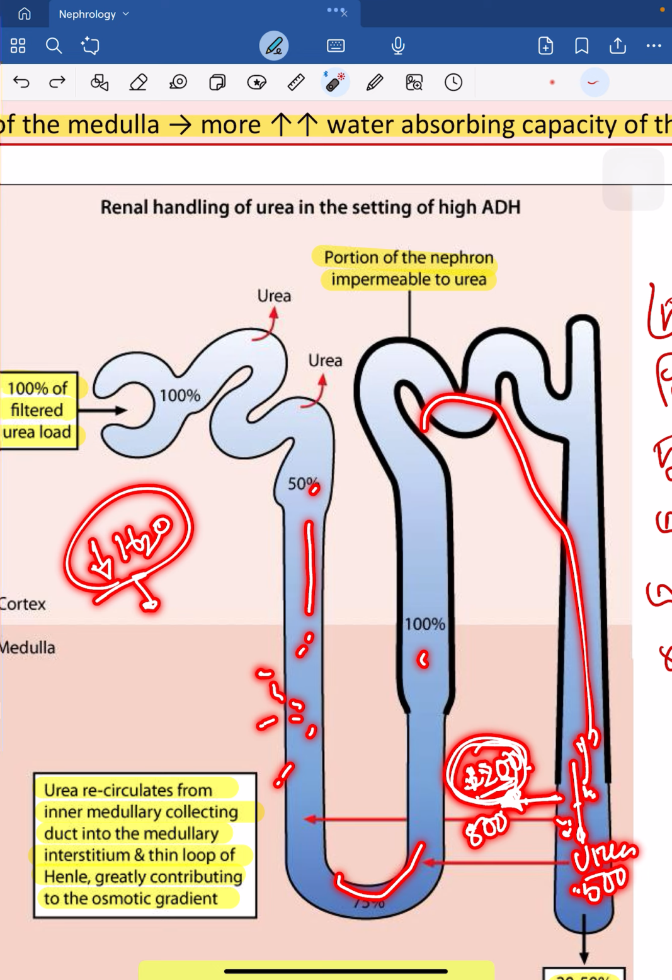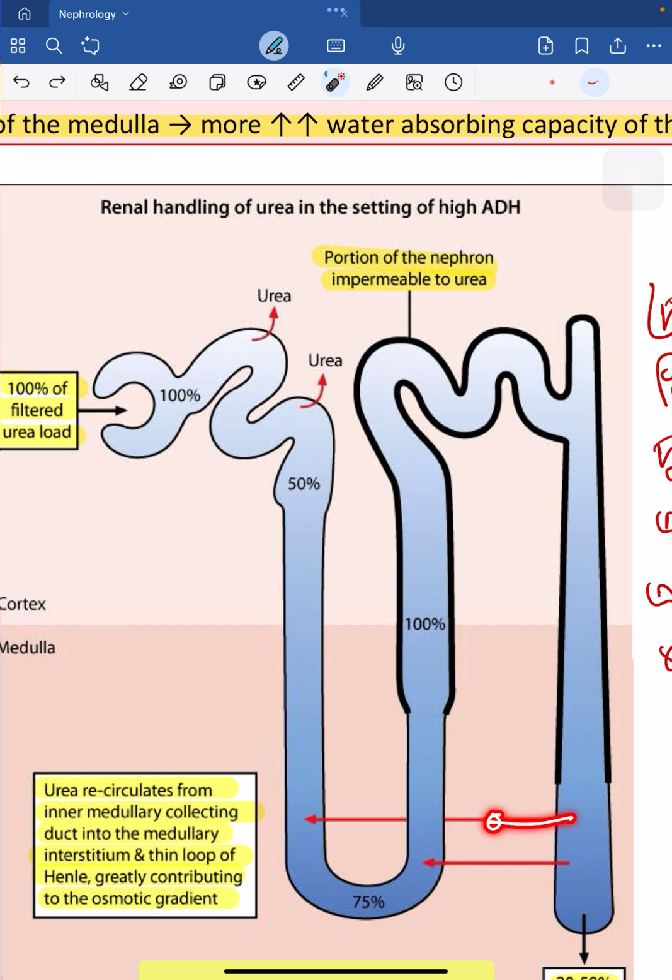And another thing is, when water is absorbed into the interstitium and goes back to the blood, when water is out from the collecting duct, then urea concentration within the collecting duct decreases.